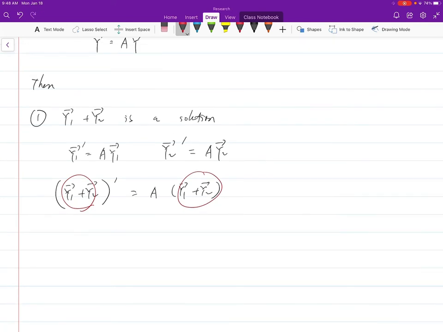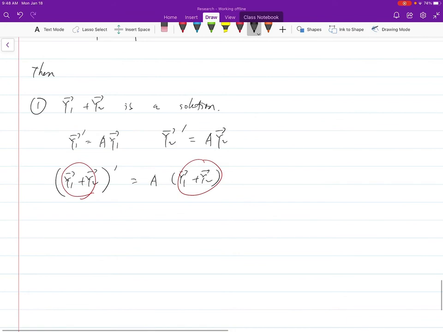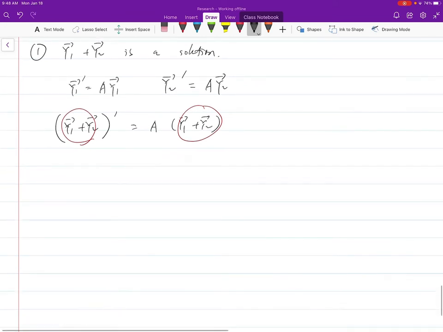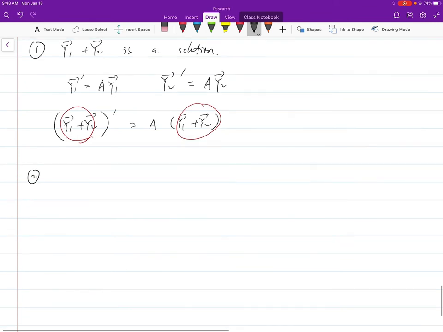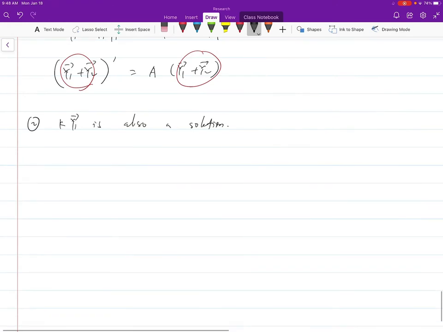So y1 plus y2 is a solution, no problem. Thanks to the fact that a matrix operation is linear, and also the derivative notation is linear. Second, a constant times y1 is also a solution. Okay, and this is easy to verify.